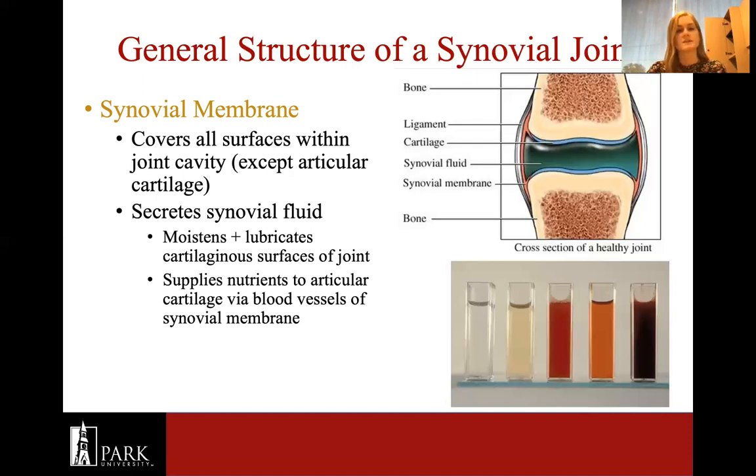So we don't want our synovial fluid to not be moistening that articular cartilage. That synovial fluid also supplies nutrients to the articular cartilage via blood vessels that are in your synovial membrane. Remember, it is vascularized within our joint capsule. So the synovial membrane helps keep things lubed up as well as nutrients supplied to it.